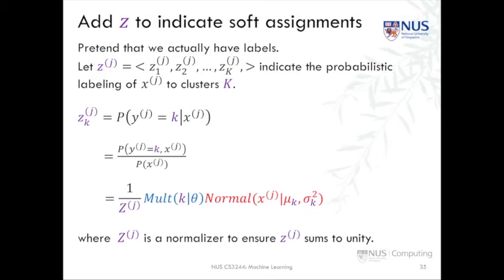In the E step, since we have the parameters of our model and we regard them as fixed, all we need to do is use the probabilities that we have already established.